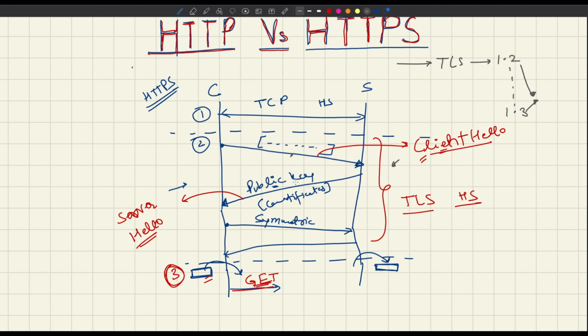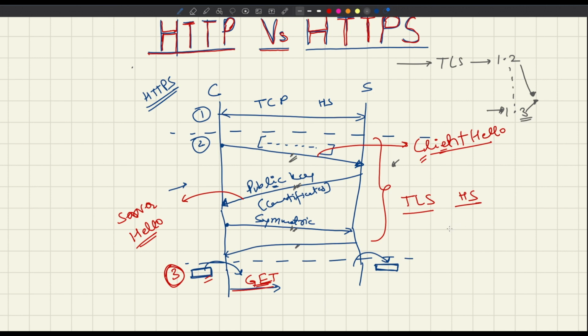Here we see that there are up to 4 messages, 1, 2, 3, and 4, getting exchanged during the handshake, and I think that has been improved in version 1.3. However, there is no disruptive change, it is an improvement over 1.2, so it is based on 1.2. So it's still good to know that there is a latest version, TLS 1.3, that's being used currently.